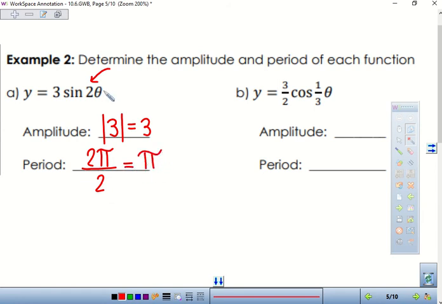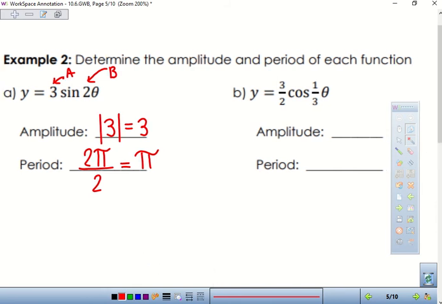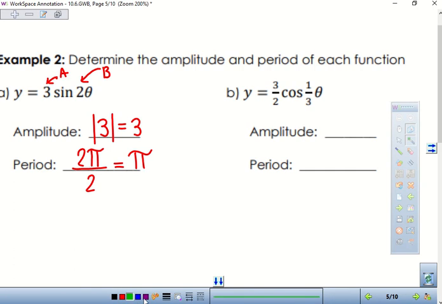Oh, this isn't 0, this is theta. I see why you thought that, but yeah, it's theta. So would 3 be A? Yes. This is A, and this is B. And so it's always for A, absolute value, and then for B, 2 pi divided by B. Correct.